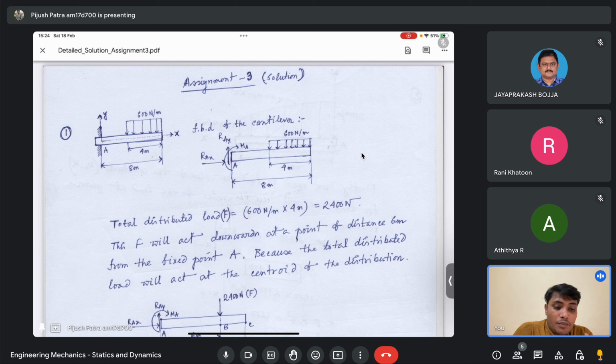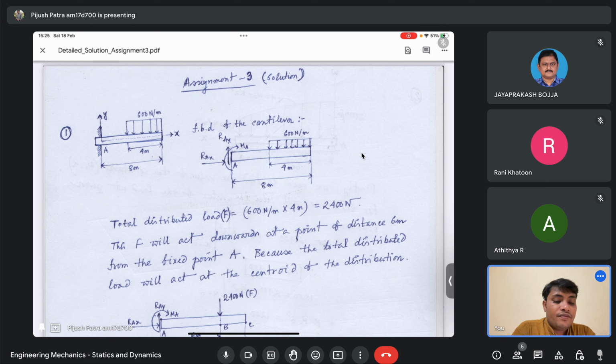If you have some pin support at any point, about that pin support, that member can rotate. As the member can rotate, that means there will be no moment. It will not provide any reaction moment, okay.